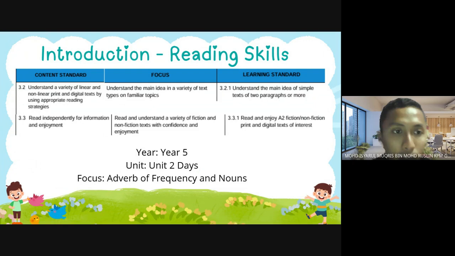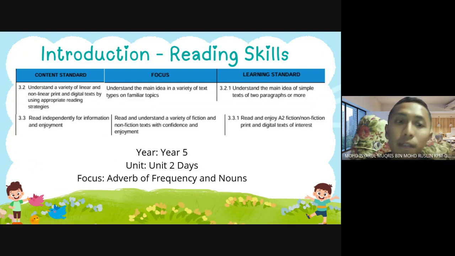And 3.3 is to read independently for information and enjoyment. The focus is to understand the main idea in a variety of text types on familiar topics, and read and understand a variety of fiction and non-fiction texts with confidence and enjoyment.